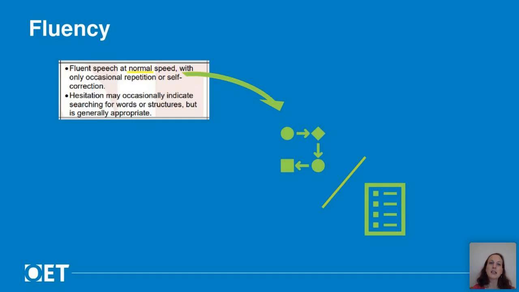So imagine explaining a process to a patient or giving them results of a test. Would you talk about these at the same speed as you would when asking questions or answering a routine question that they ask you? No, you need to make sure your speed is appropriate for the content and slow down when necessary.